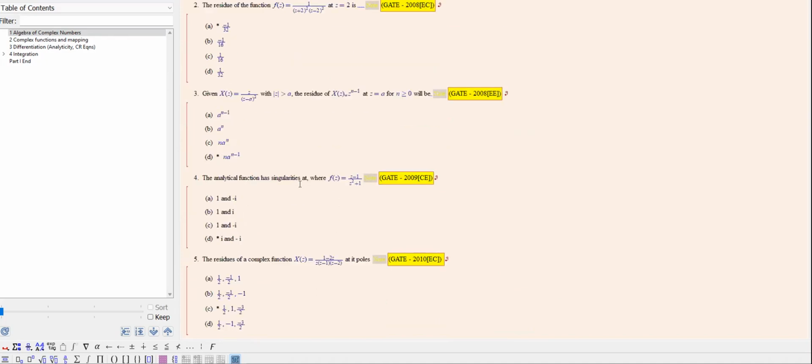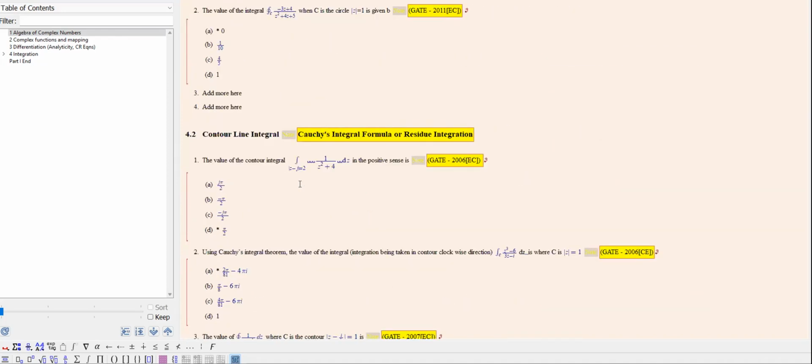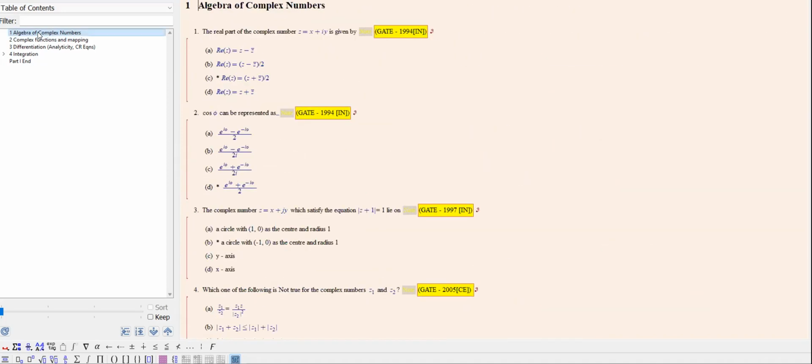So basically complex integration is very important, and basic complex numbers is important. Okay. So I'll just do some problems from here.